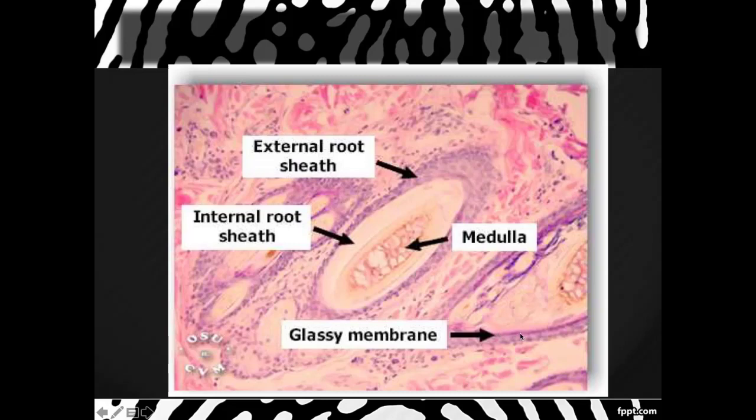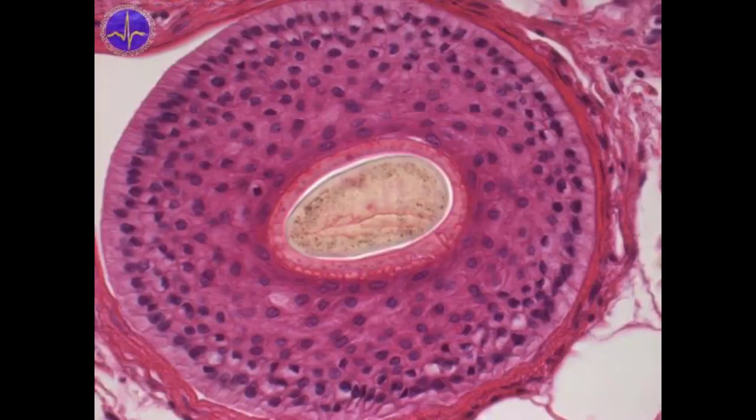Sometimes you can see the glassy membrane. The glassy membrane is the thick basal lamina which separates the hair follicle from the dermis. So this is a hair follicle on the transverse section.